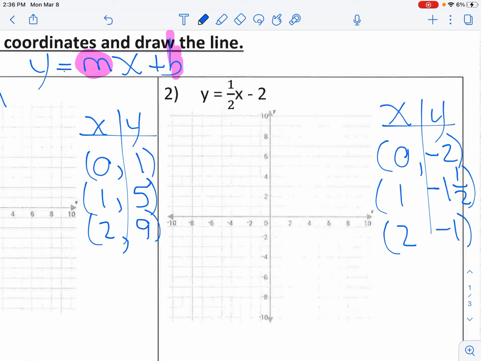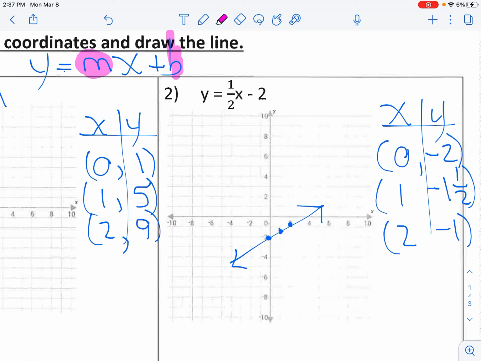Third ordered pair. All right, so 0 on the x, -2 on the y, 1 on the x, -1.5 on the y. So these points are going to be really close together. 2 on the x and -1 on the y. Your line should look something like that.